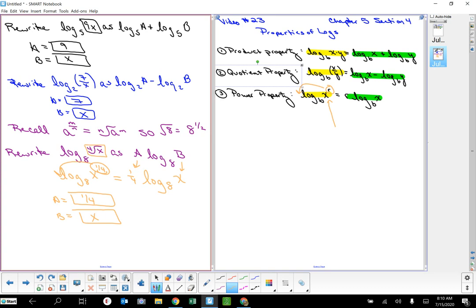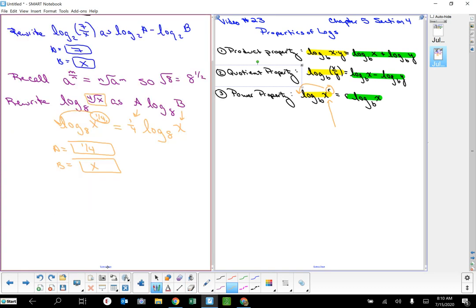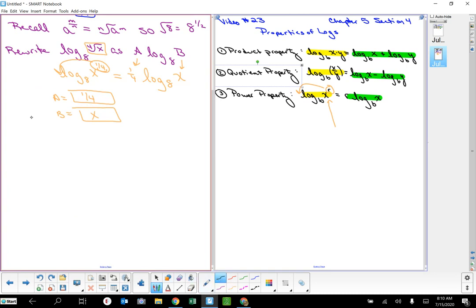Okay? All right, let's take a look at a more complicated one. This one says rewrite log, and it doesn't have a base down there, but it's got x cubed y over the cube root of z.